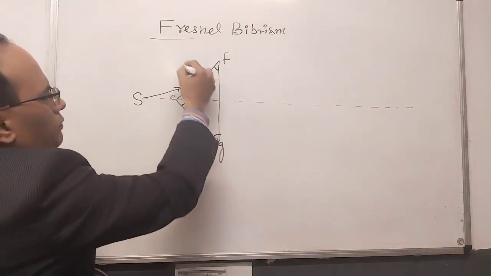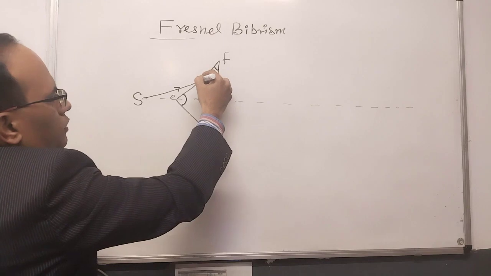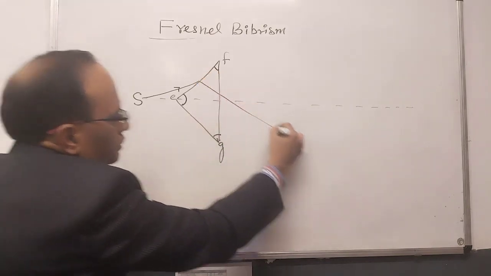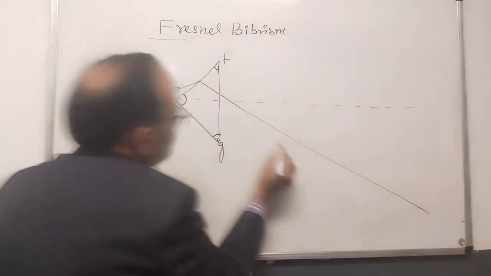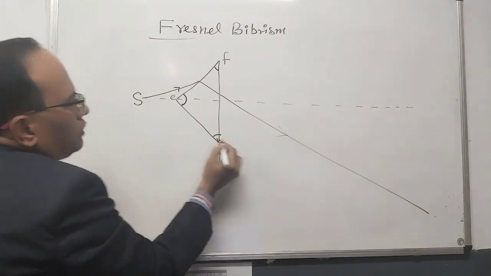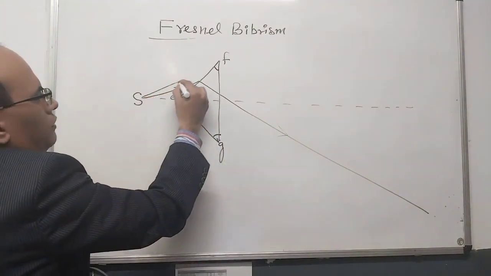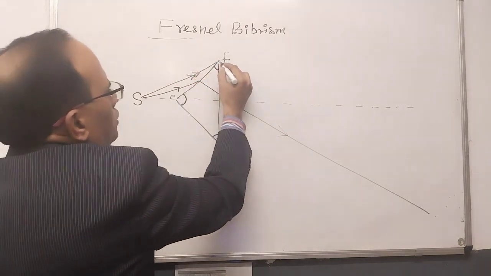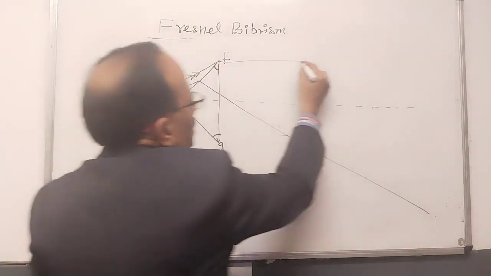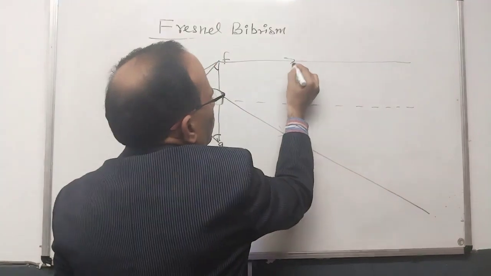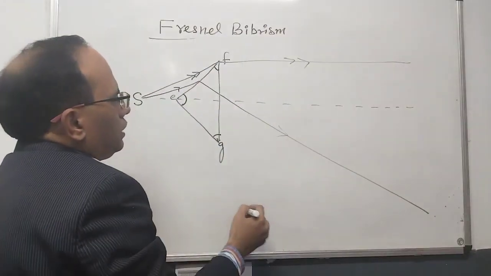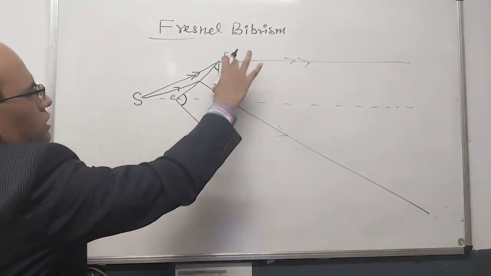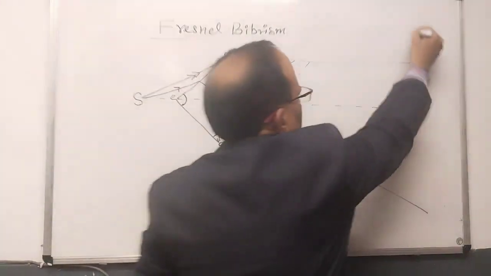After drawing the normal, what will happen? It may go like this. We can put one arrow. Suppose there is another ray incident at the corner, which we can show by two arrows. It may go parallel to this, and these two never meet. Suppose this is my screen.